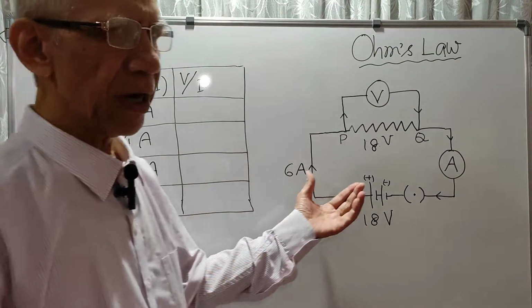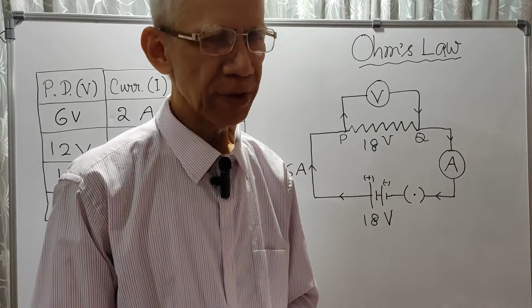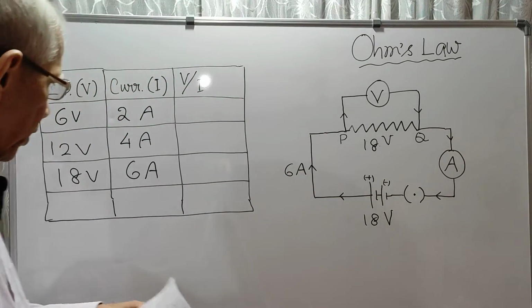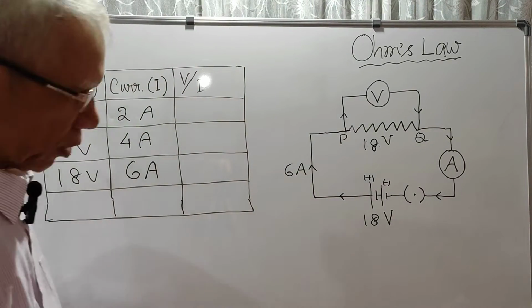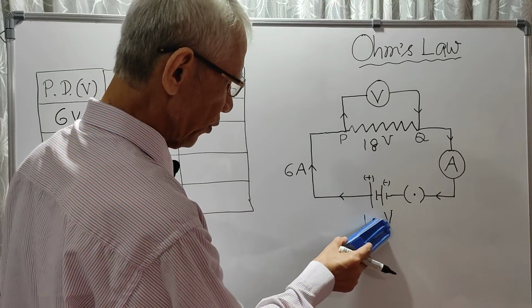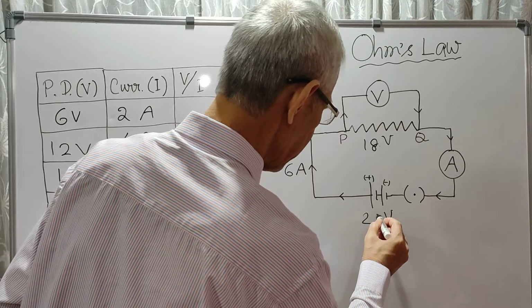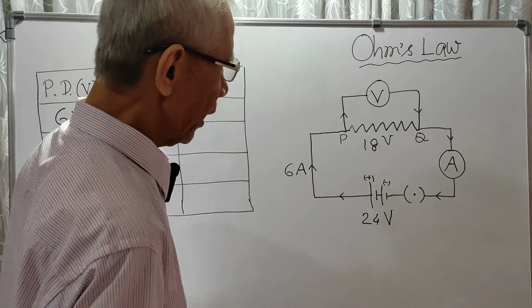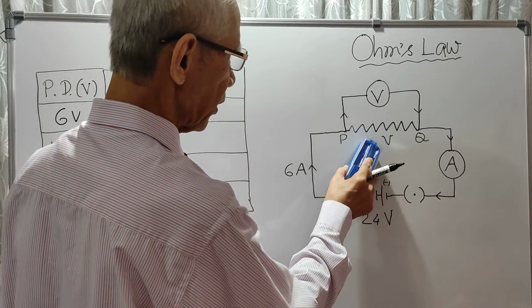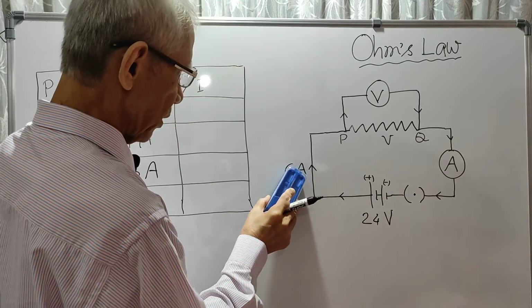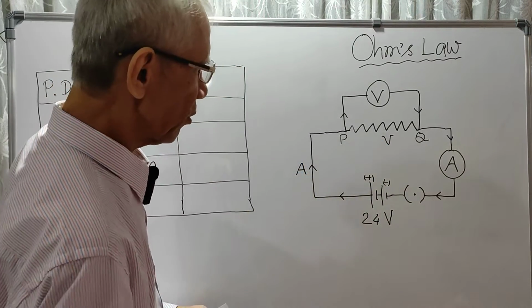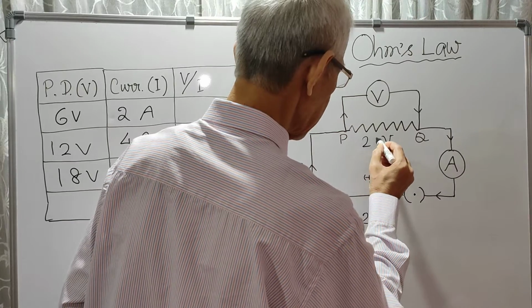So this is how you will find when you do the activity in the laboratory. All right. Now next we will use 4 batteries. So 4 batteries, total voltage will be 24, and that will be shown by the voltmeter.